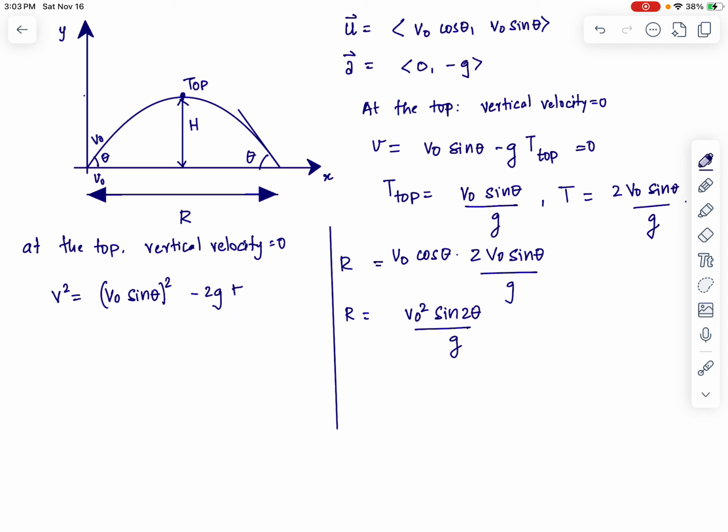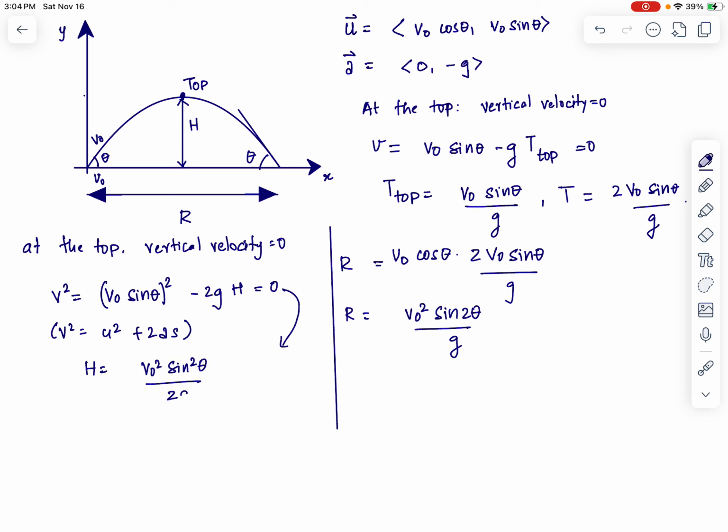This comes from the equation v square equals u square plus 2 times a times the distance. Here the distance traveled is h, the initial velocity in the vertical direction is v0 sine theta, and the acceleration is minus g. So we see from here that h equals v0 square sine square theta divided by 2g.